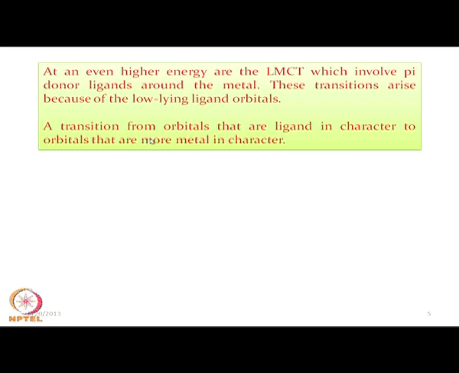So, a transition from orbitals that are ligand in character to orbitals that are more metal in character. We will have the transition from one molecular orbital which is of ligand character to another molecular orbital which is of metal character. Then we will consider the transition to be LMCT.